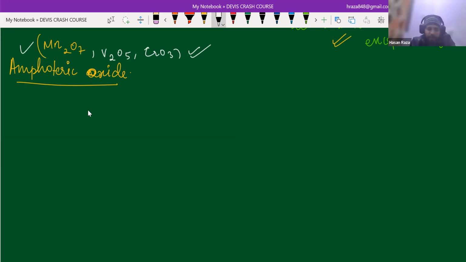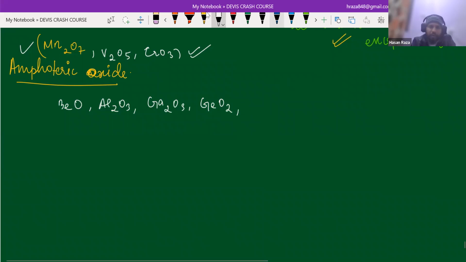Amphoteric oxides, you need to take care of BeO, then Al2O3, then Ga2O3, and then SnO2, then PbO, then PbO2. These are all amphoteric.